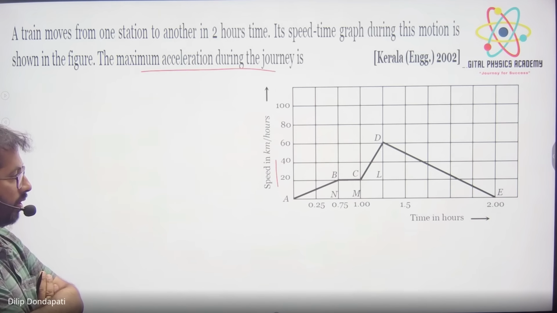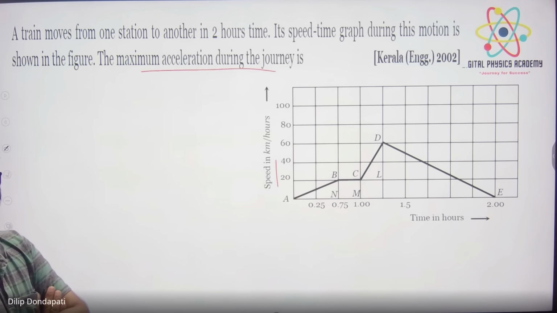AB. No, how to find acceleration? Tell me. Slope. Find the slope. Y2 minus Y1. Coordinates are given, right?